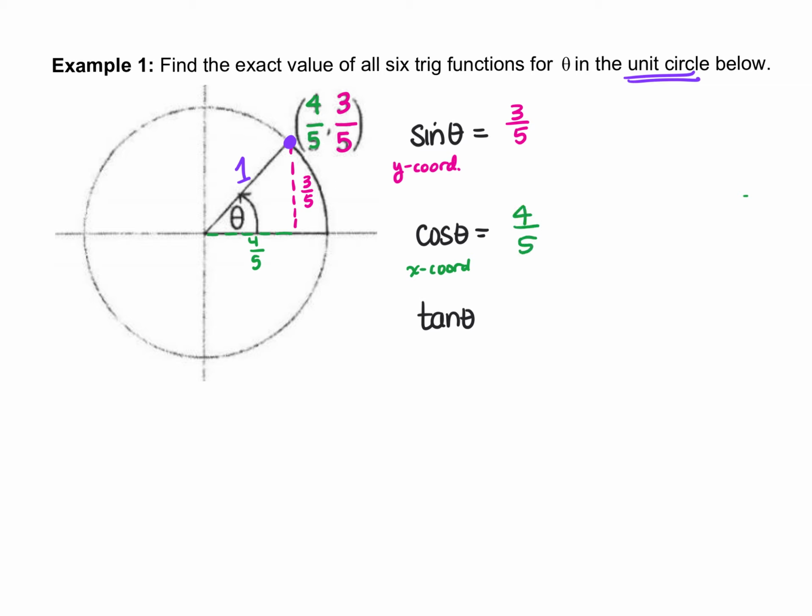Tangent will be directly related to sine over cosine. Okay, so let's look at what that does here. So the sine over cosine. Now that looks a little confusing, so let's talk about that for a second. Sine over cosine, if we're dividing fractions, that's the same thing as multiplying by the reciprocal.